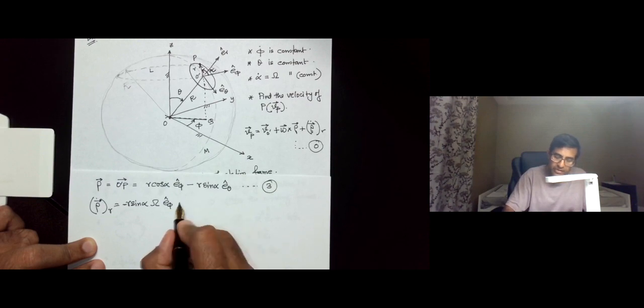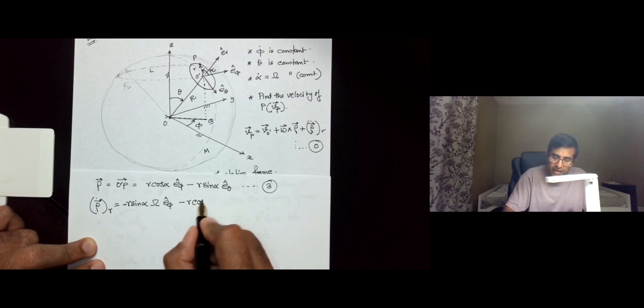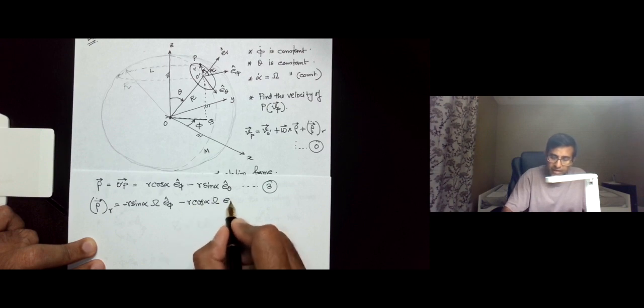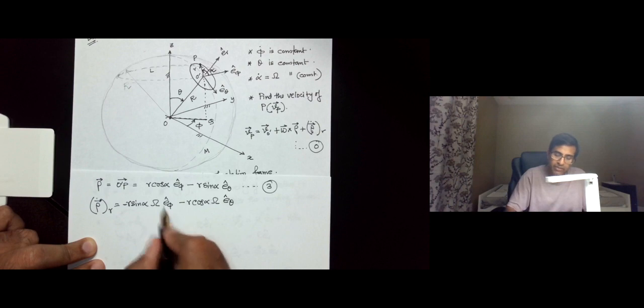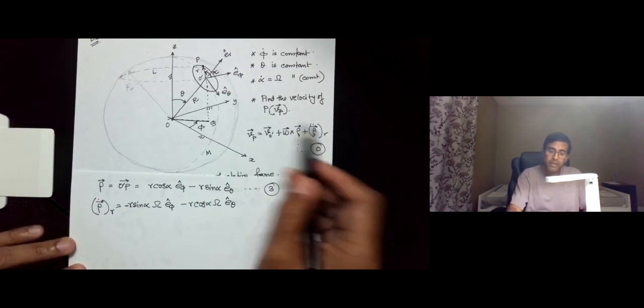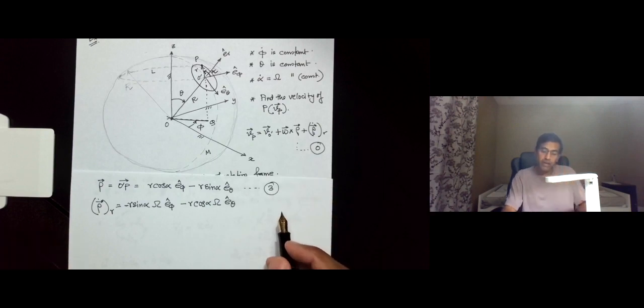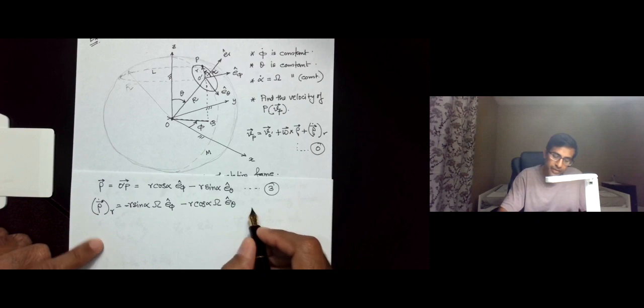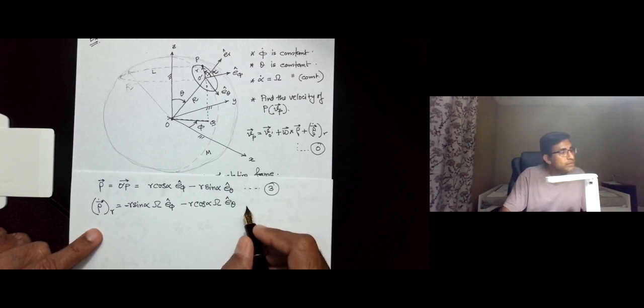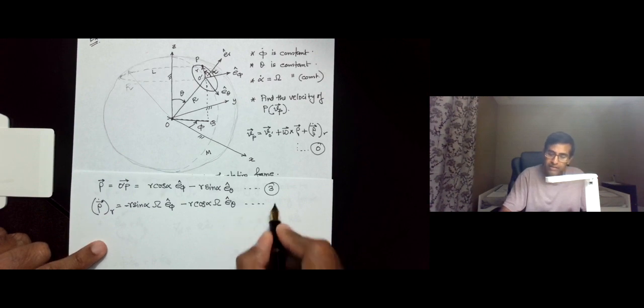And then the second term is going to be minus r cosine alpha omega E theta. And note that I am not differentiating E phi and E theta, although in the absolute sense they are moving, so their differentiations must be taken, but that differentiation is being considered as part of this whole operation that is being done in equation 0. Okay, so that's our equation 4.